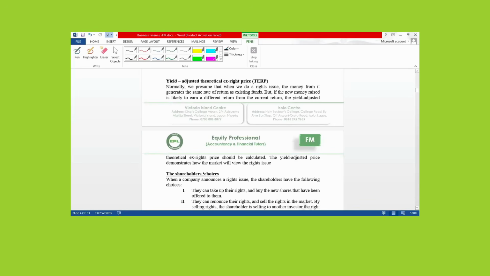The examiner can also choose to ask you about yield adjusted theoretical strike price.